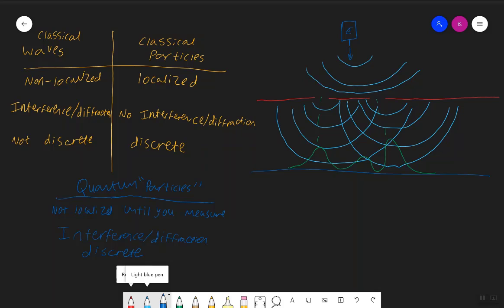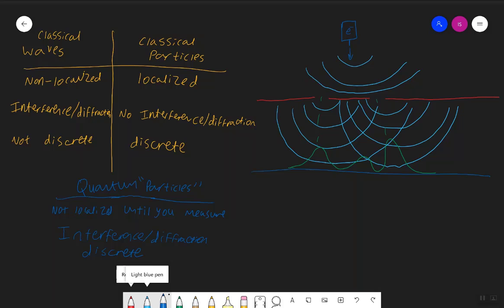So depending on the experimental setup, you may get wave behavior or particle behavior, but quantum particles are their own thing. They act partially as waves, partially as particles. In the classical sense, their behavior is a mix between a classical wave and a classical particle, and hopefully you can see that by how we put it here, comparing classical waves, classical particles, and quantum particles.